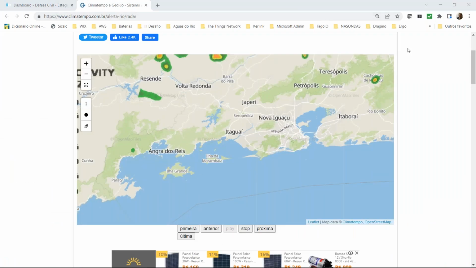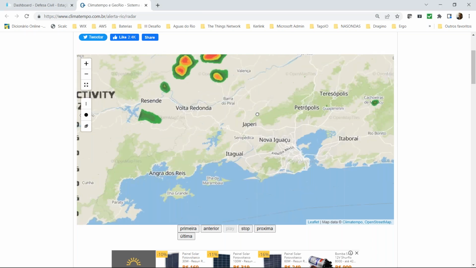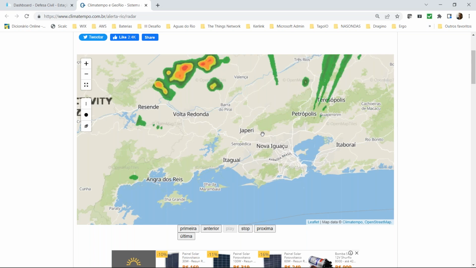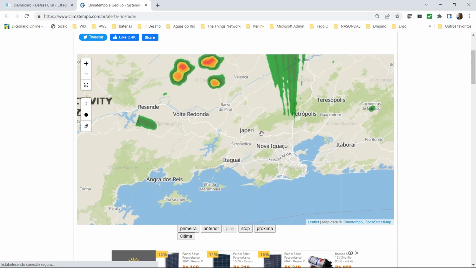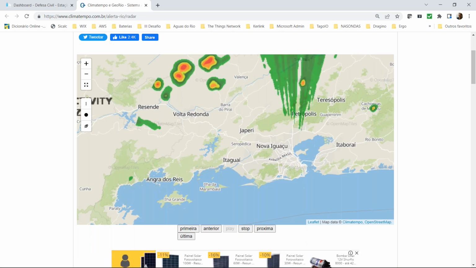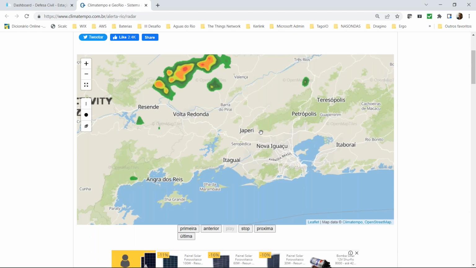Southwest is clear here. Southwest is the ocean. This is north. This is southeast, southwest. I don't have wind coming from the north. This is the reason I can say that probably we don't have a storm coming from the north, because the wind is not taking this direction. Okay, and this is it.